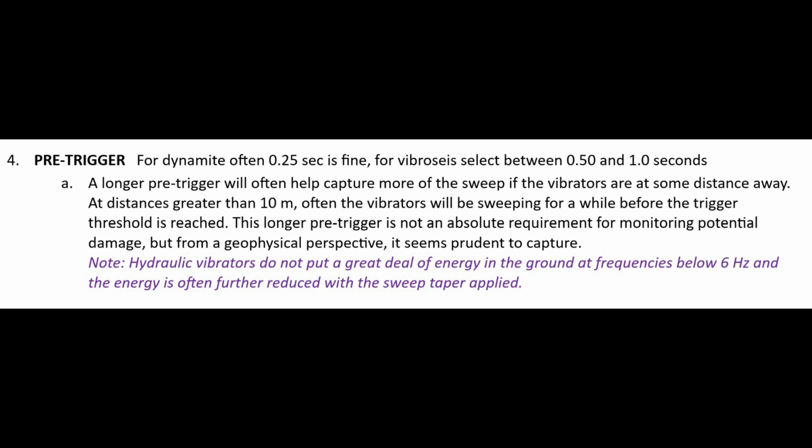That means if my trigger threshold is at 0.3 millimeters per second, it is reached at time 0. But the data associated with the event starts at minus 0.25 seconds, and you will see all the preliminary events and then the 0.3 millimeter per second event at time 0.